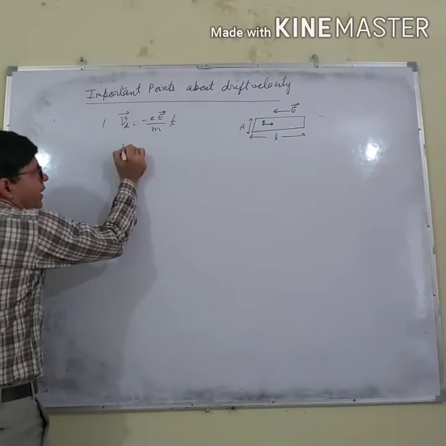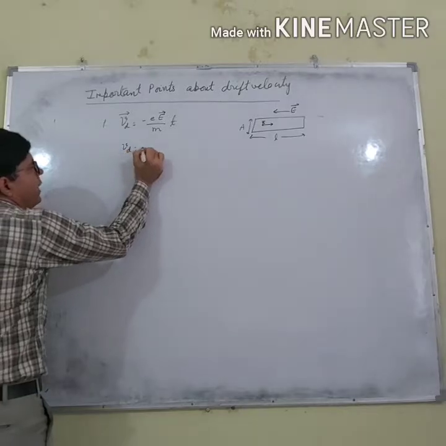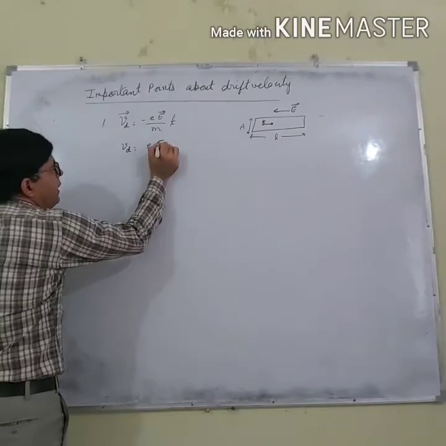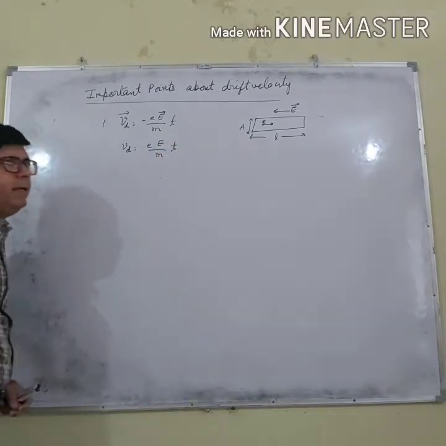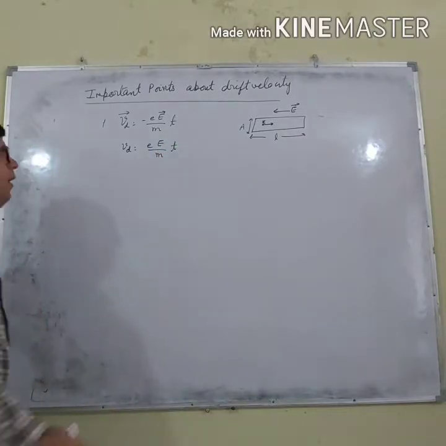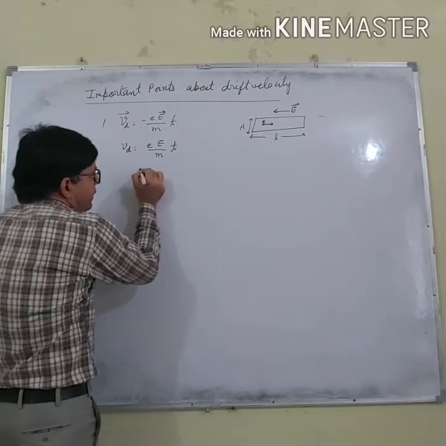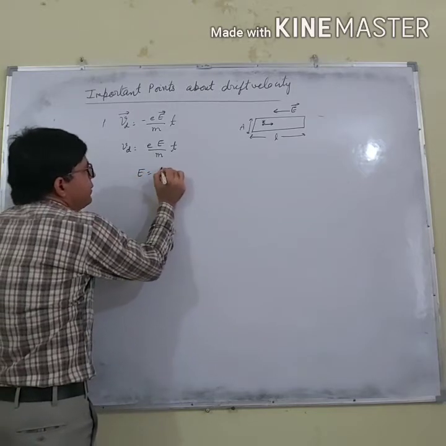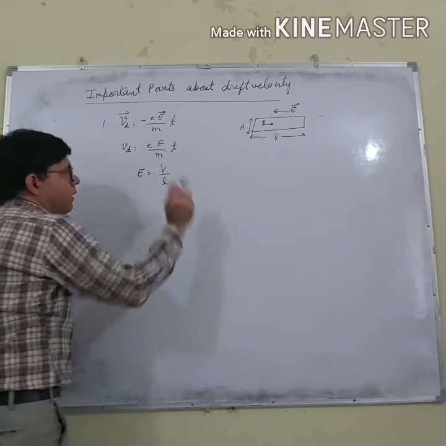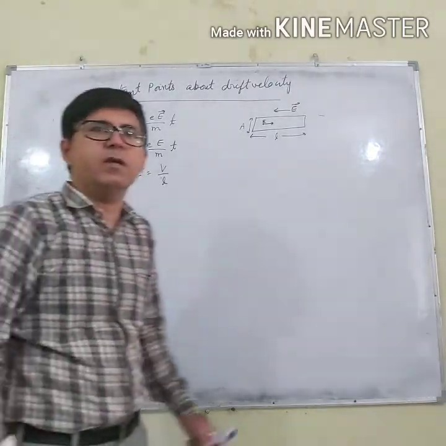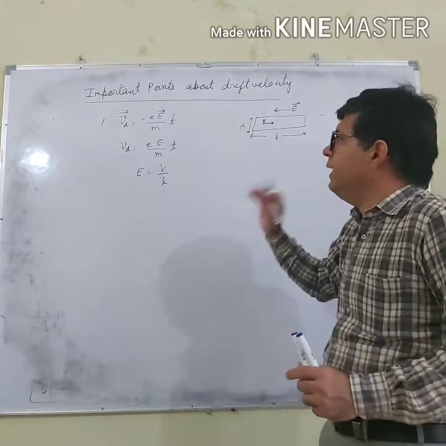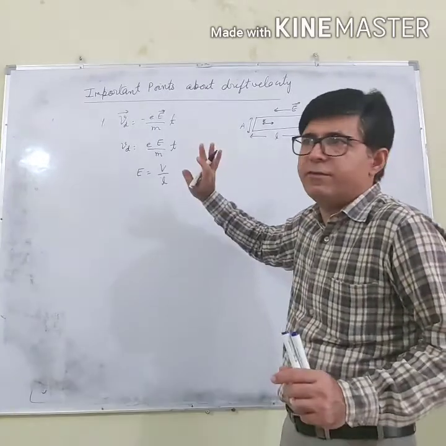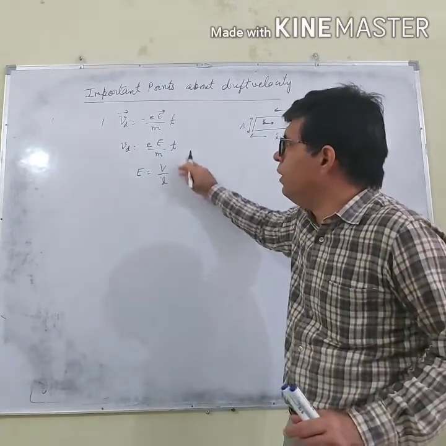If I take its magnitude, it will be Vd equals eE upon m multiplied by tau. I know that electric field is equal to the negative of the potential gradient. Here the negative sign only indicates direction, so I am neglecting it. So E equals V by L.